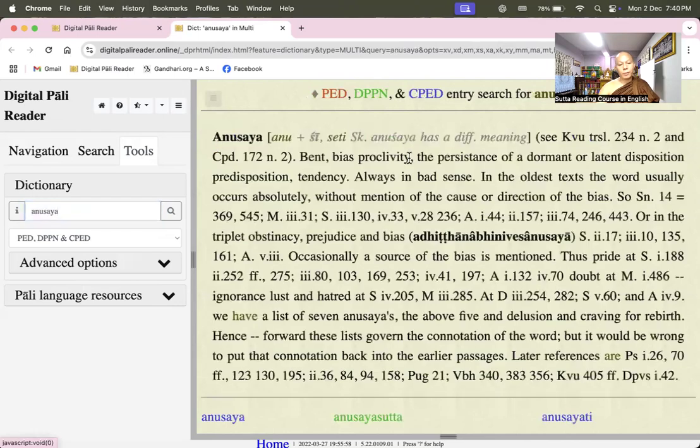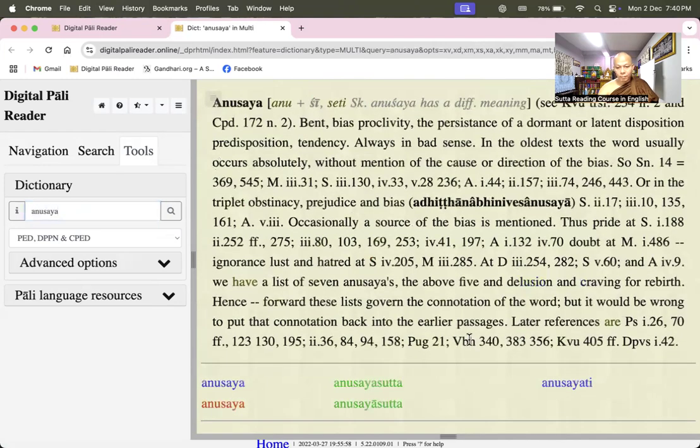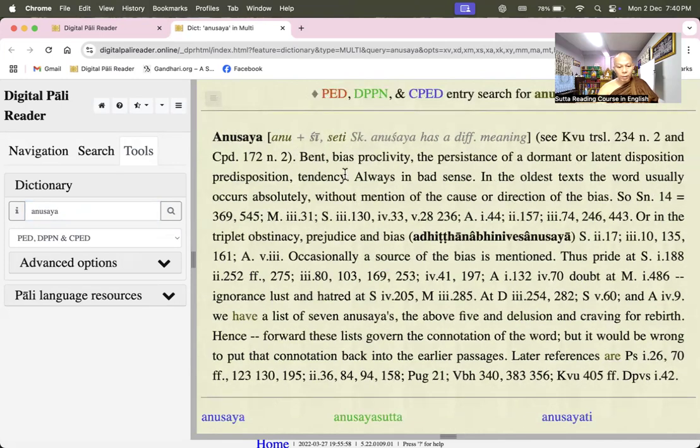So anusaya. Okay, so seven kinds of anusayas and so on, five kinds of anusaya. So the meaning of that is a bit difficult to see.